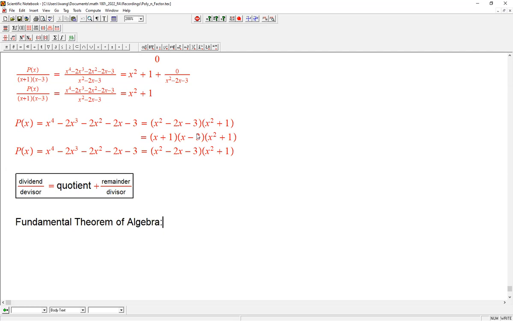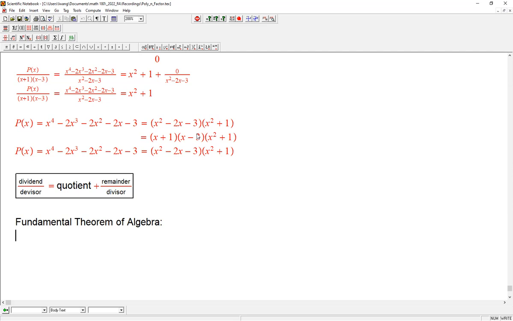In your calculus class, you will learn the fundamental theorem of calculus, a very important theorem. Now we're in algebra, and we have the fundamental theorem of algebra. From that title, you can see it's a very important result.